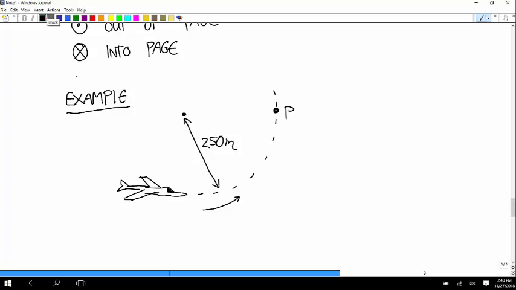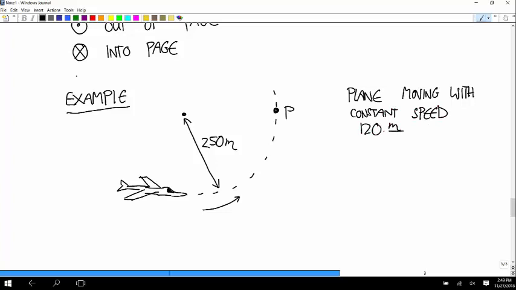And the plane has a constant speed of 120 meters per second.